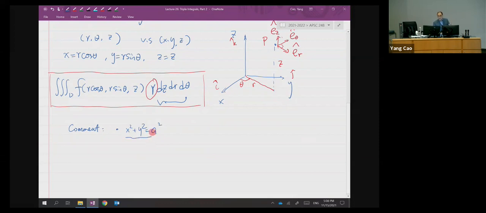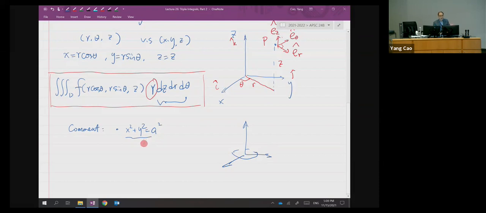This is a circle. However, in the 3D case, this is not a circle. What kind of geometry would this represent in 3D?